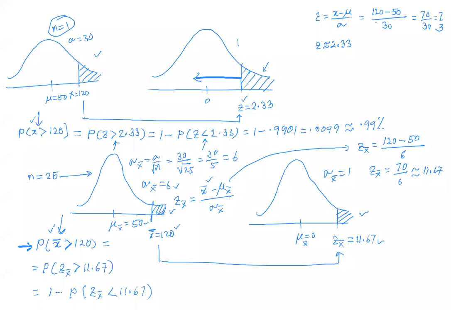For 11.67, what do you get for z sub x bar? Did you find 11.67, everybody?